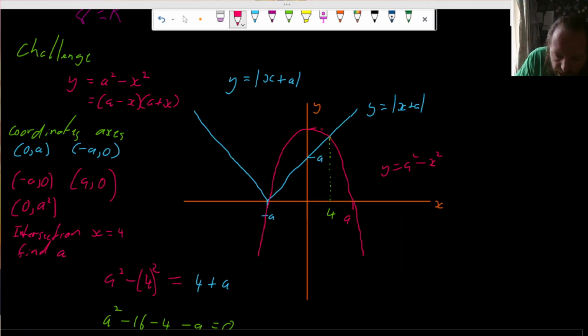So that point up there is a squared, which we now know is 25. And of course, we now see that the two blue ones there are the same as well. Right, done.